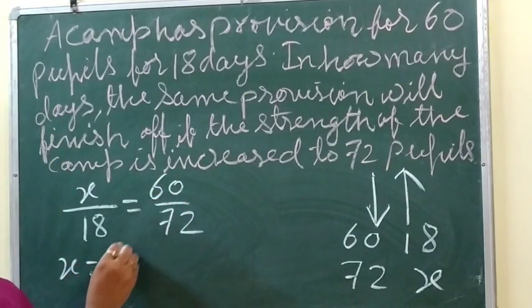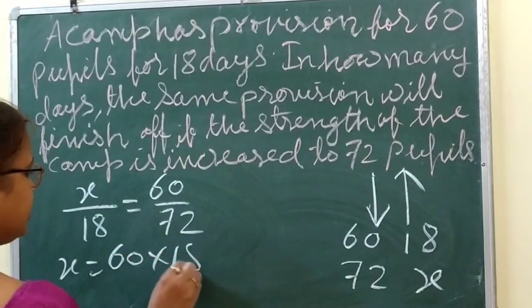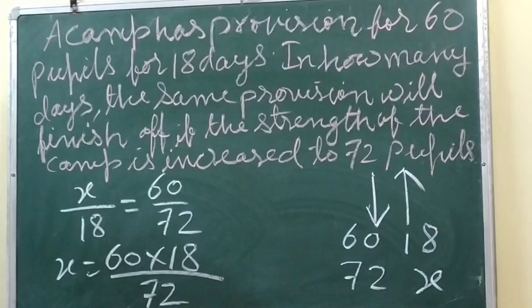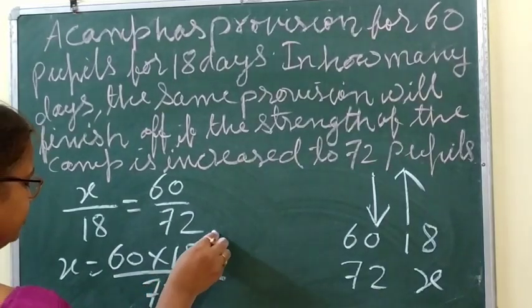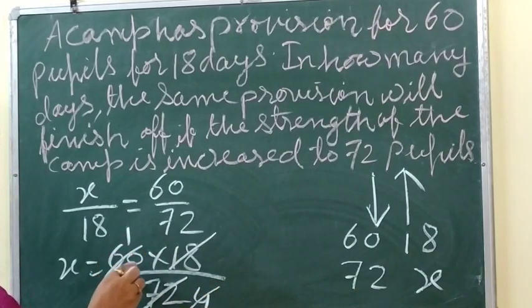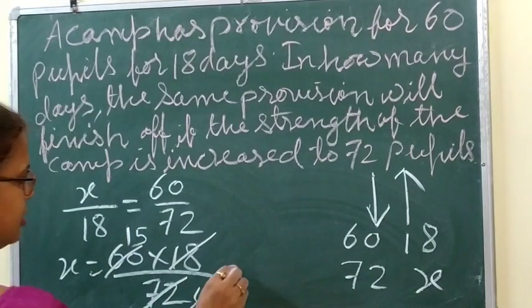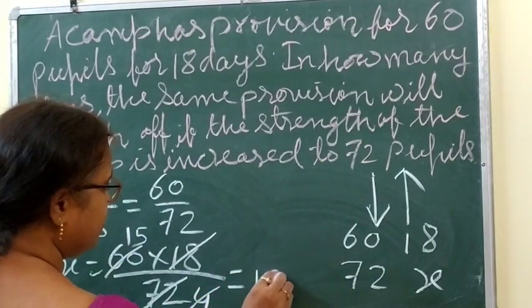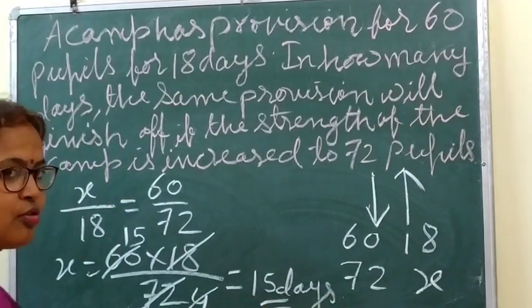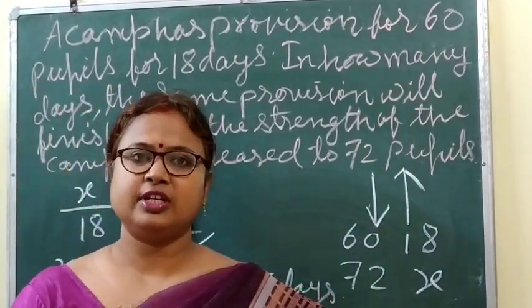So x will be equal to 60 into 18 divided by 72. Okay. So now 18 4s are 72. Then here 4 1s are 4 and then 4 5s are 20. So the answer will be 15 days. Clear? So the answer will be 15 days.